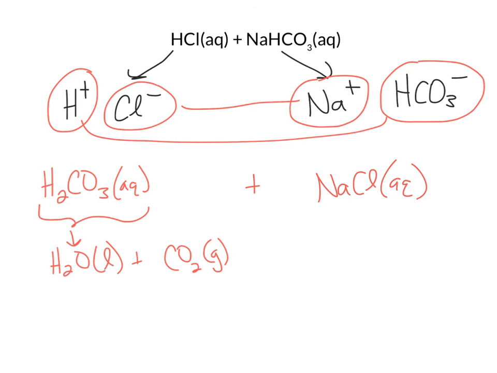And so sometimes people write down that as the product, but it doesn't stay in solution for very long. It pretty quickly breaks down into water and CO2 because those are much more stable compounds. And so that's where, when you combine these things, you'll see bubbling occur. And that bubbling is the CO2 gas coming out of that solution.